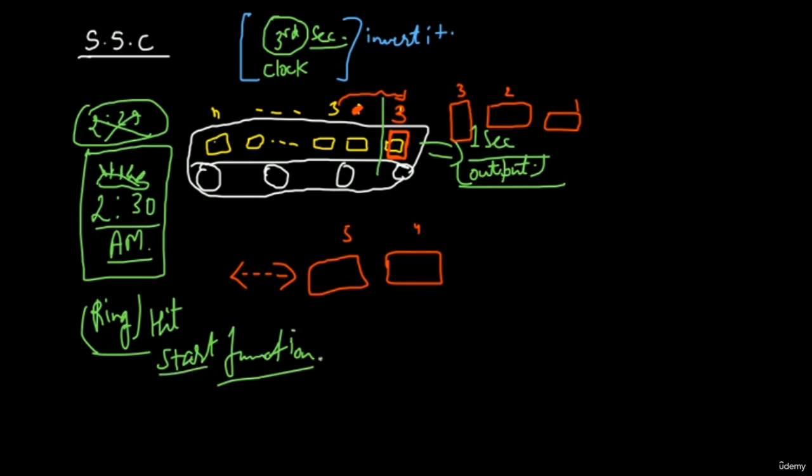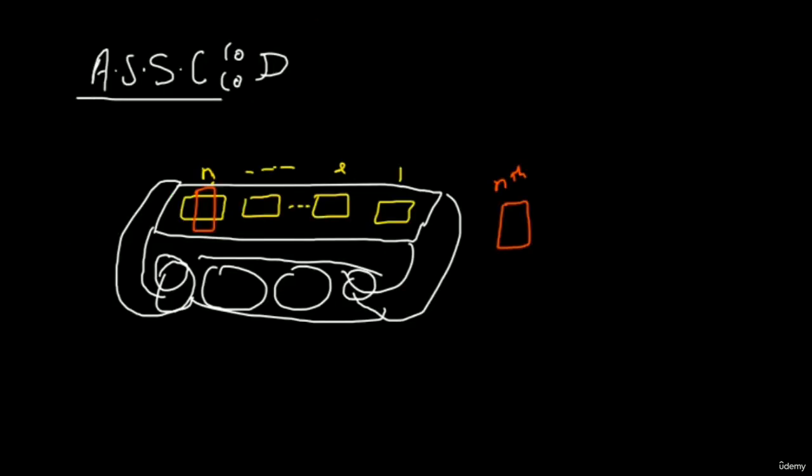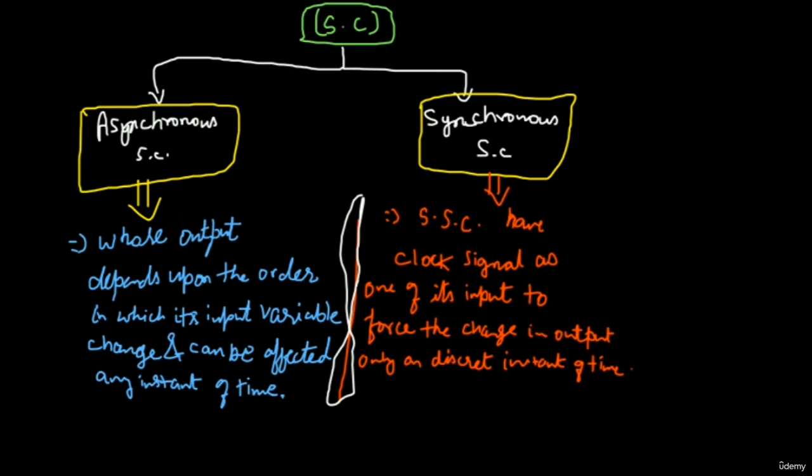So this is the meaning of the synchronous sequential circuit. I hope I have made my point clear and you have understood it very well. In this case, this was not a clock, so I cannot give you the example of the clock right here. This was exactly the meaning that I wanted to present: a circuit whose output depends upon the order in which its input variables change and can change at any instant of time.